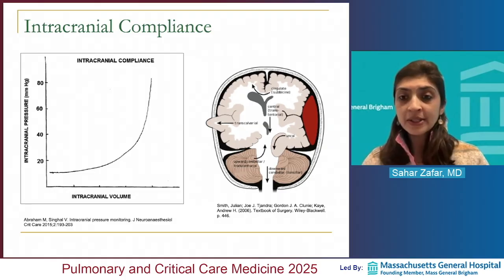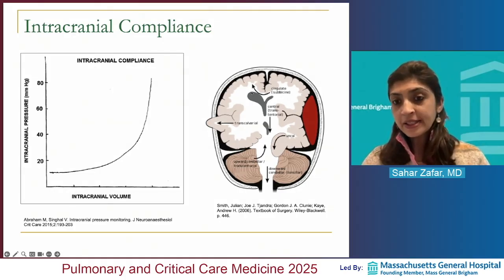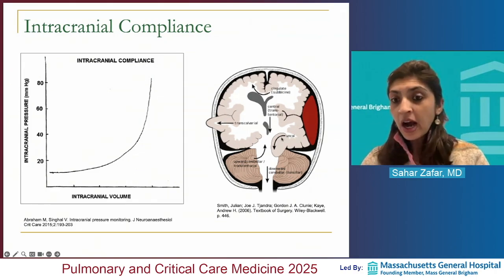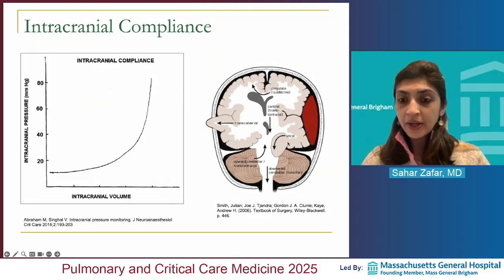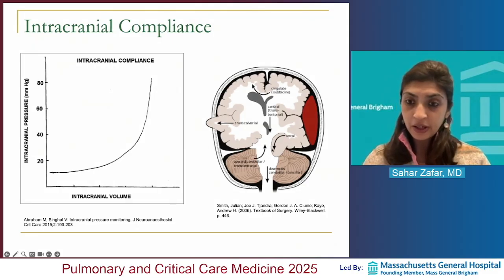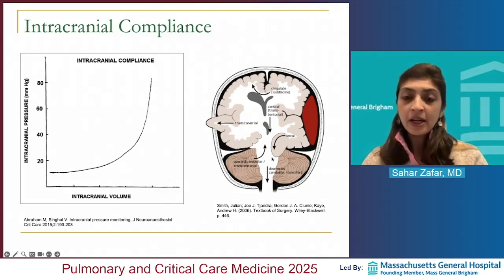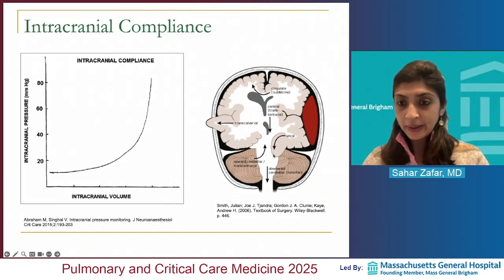And herniation syndromes can range from subfalcine herniation, which is the herniation of the frontal gyrus under the falx cerebri, uncal herniation, which I think is the one most people are familiar with, which is herniation of the uncus over the tentorium that results in pupillary asymmetry and posturing.